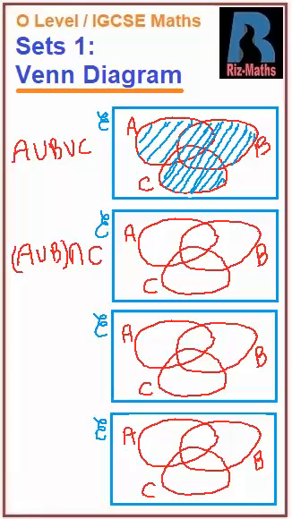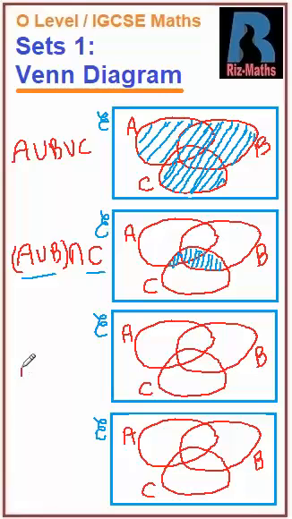Sorry, it will be here. So this region. Now look at it again. A union B is the entire circle A and circle B. The common part of these two with the set C will be only this region. So this is the answer.